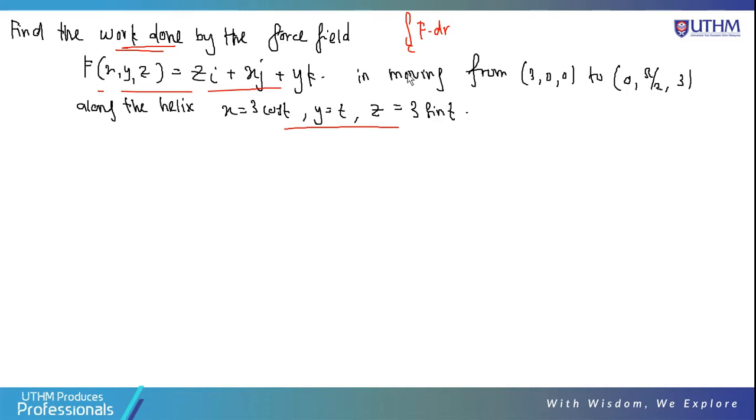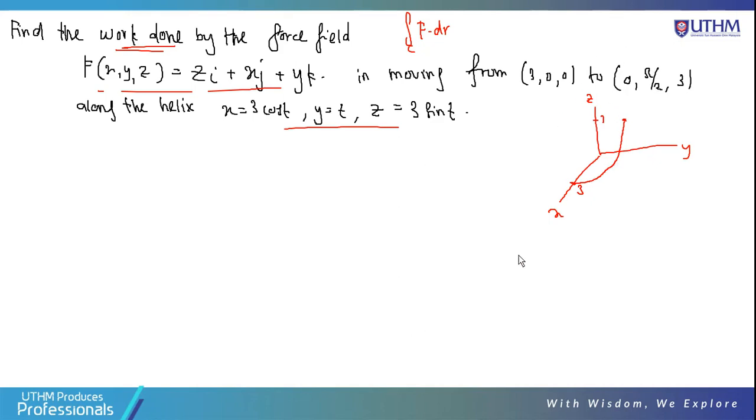So the helix has a shape like this. For example, you point it from 3 0 0 to 0 pi over 2 3. On x, y, z, this is 3, 0, 0, and then the second point is 0, pi over 2, 3. So the helix will spiral upward like this, for example.